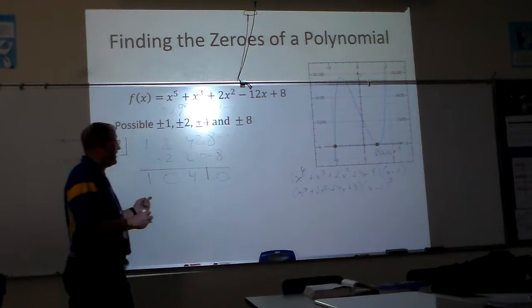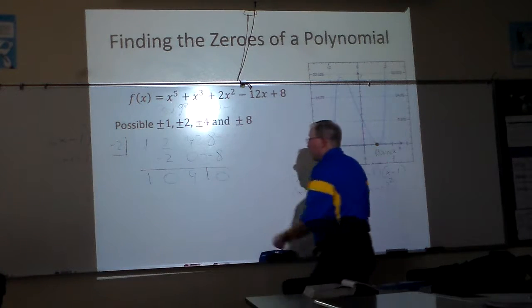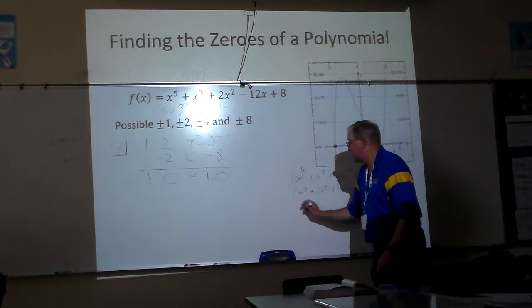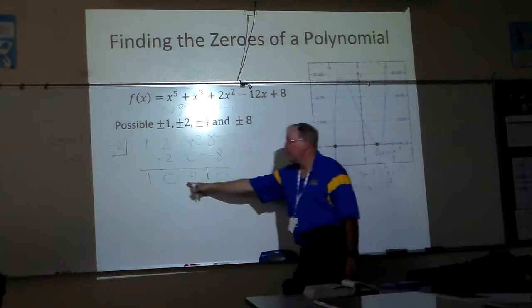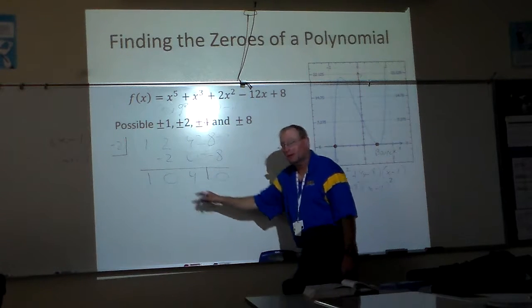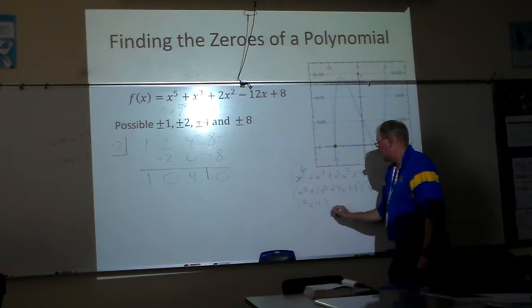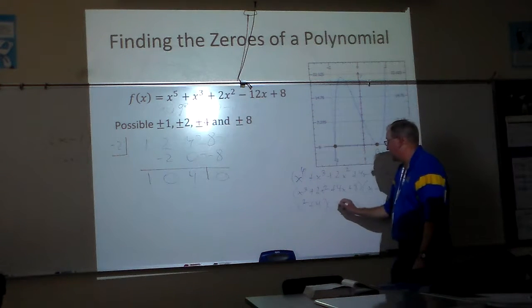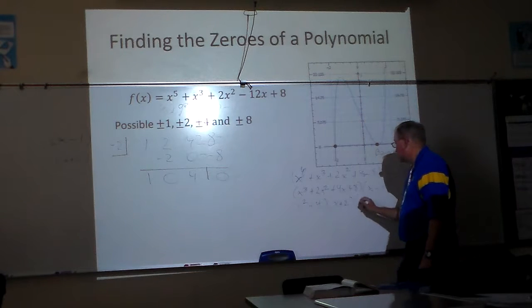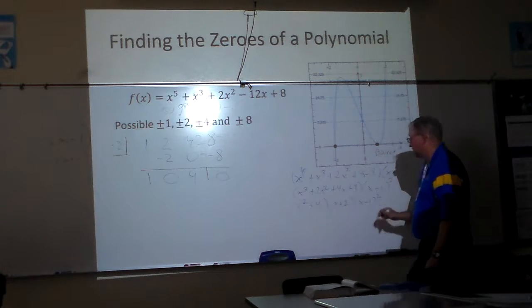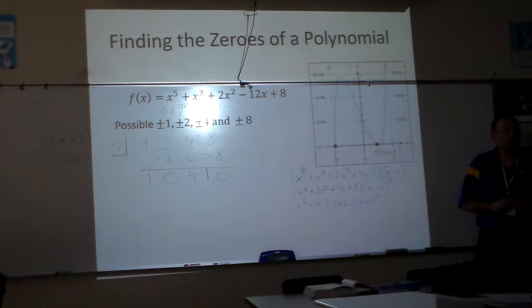So here's what I have. I now have an x squared plus 0x, right? So I can skip to plus 4, times basically an x plus 2 times x minus 1 squared, correct?